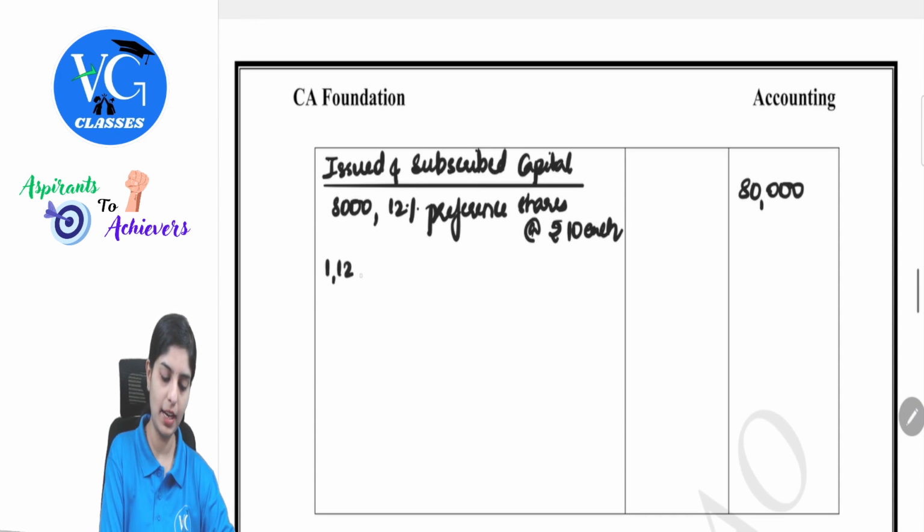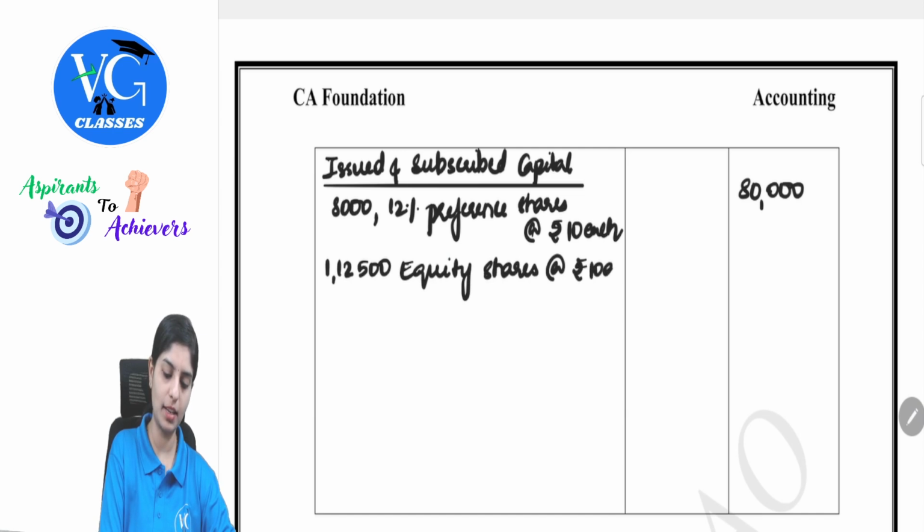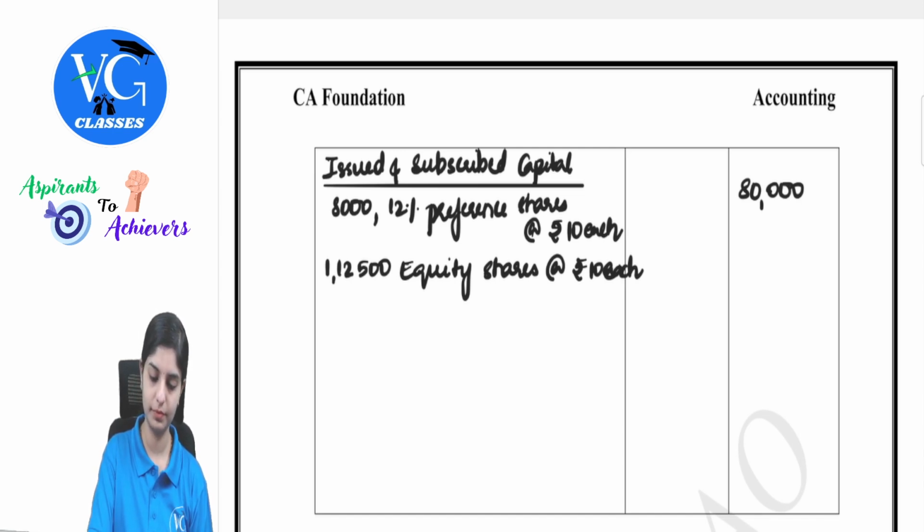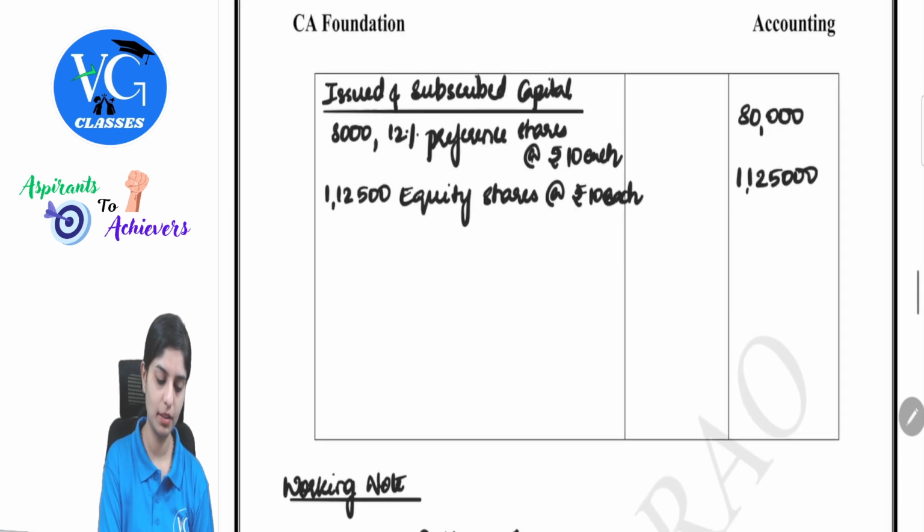Then we have 1,12,500 equity shares at rupees 10 each, 11,25,000. Then we will have reserves and surplus.